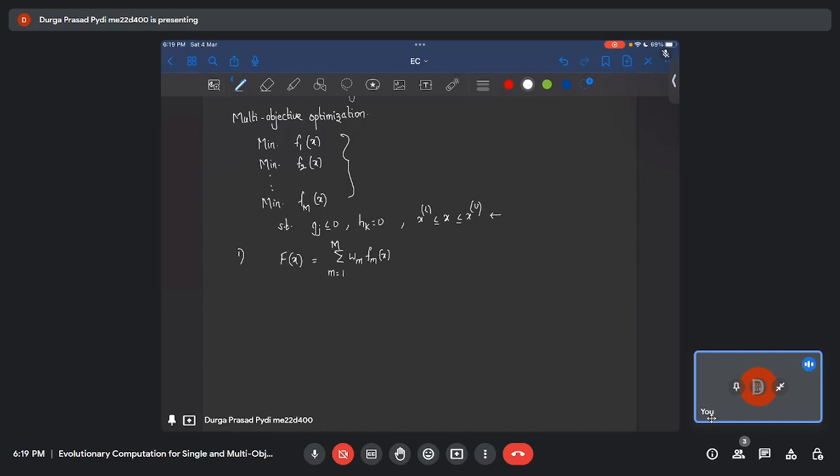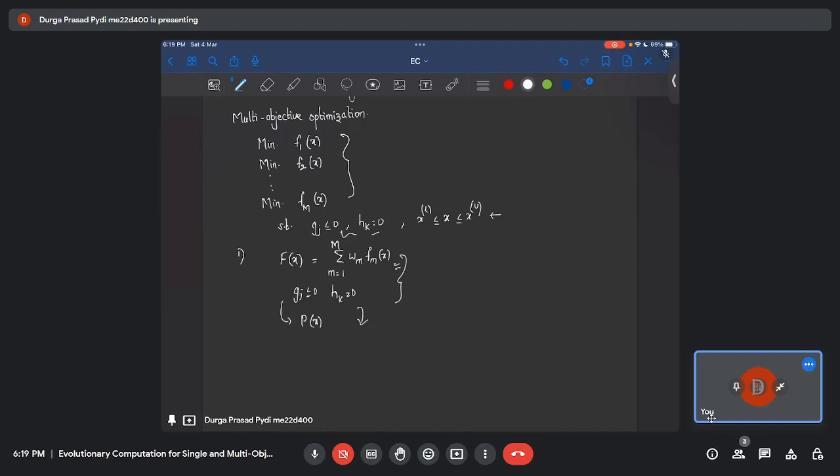When you formulate your problem in this way, you have the same inequality constraints, equality constraints and variable bounds. Then you define another penalty function p of x to incorporate these into this function, and you go about solving it with the same techniques you have developed previously.